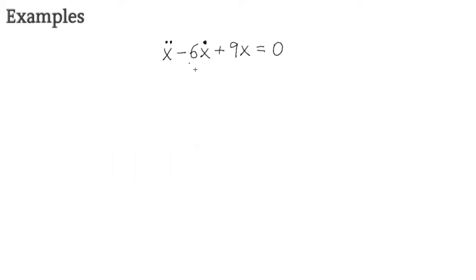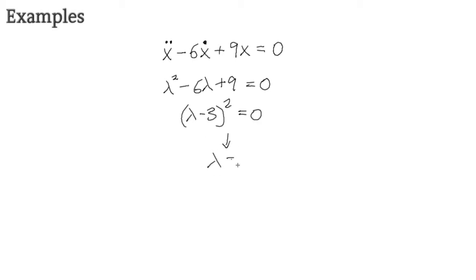Alright, so with this example, we again apply an auxiliary equation such that we get the second order equation, and we need to solve for lambda. It turns out for this one it is lambda take 3 all squared equals 0, which means that right now the only lambda option that we have is 3, full stop.